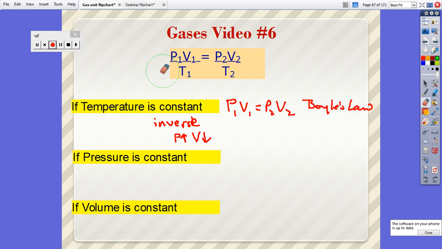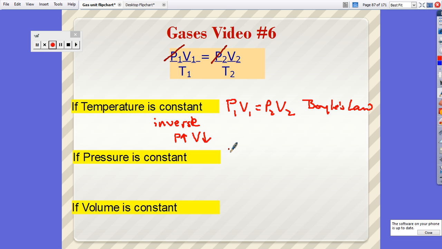Let's try the next case. In the next case, we're going to have a constant pressure. If the pressure is constant, and therefore it looks exactly the same on both sides, it also can cancel out. I get V1 over T1 equals V2 over T2. This is going to work as long as my number of moles and my pressure are constant.